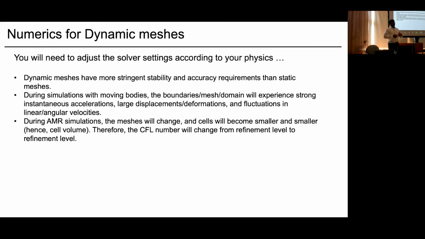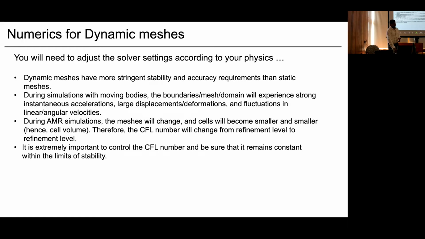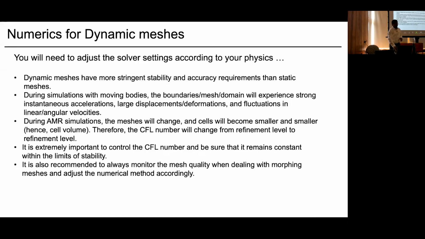It's not that we can just implement the mesh motion; we have to accordingly tune the different finite volume schemes and the solution mechanism that we are setting for that particular simulation. And as I said, controlling the CFL number is very, very important for the stability of any simulation.